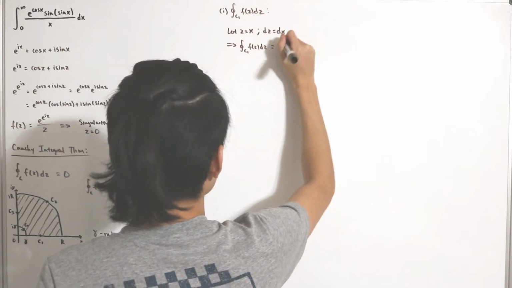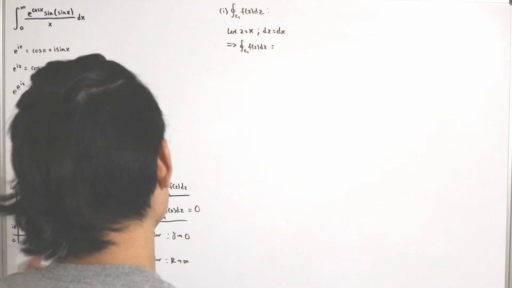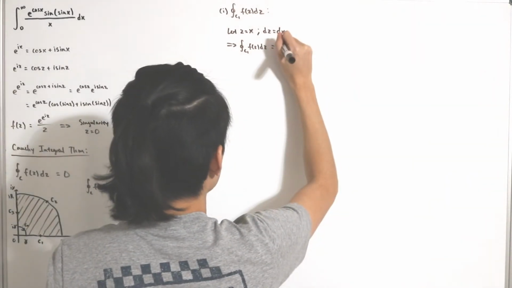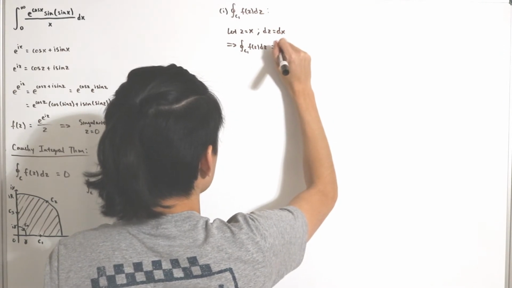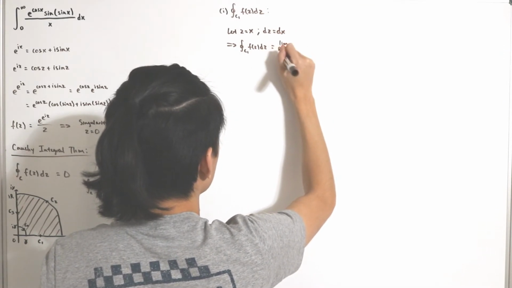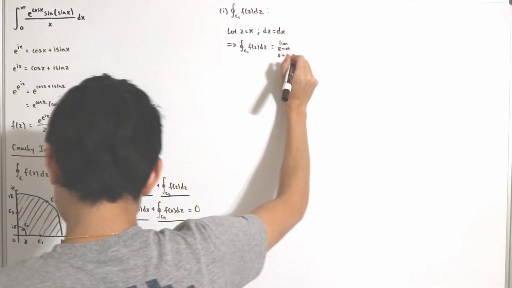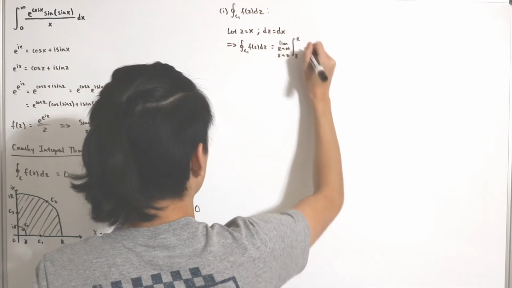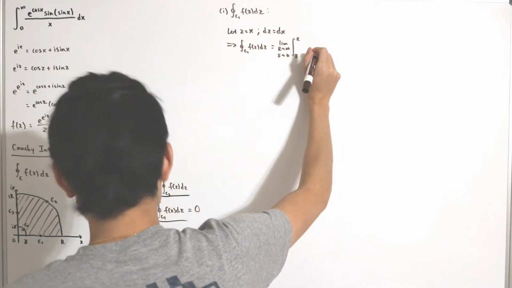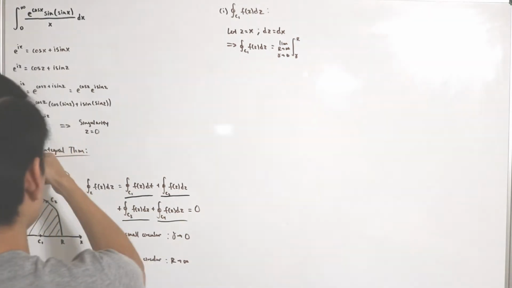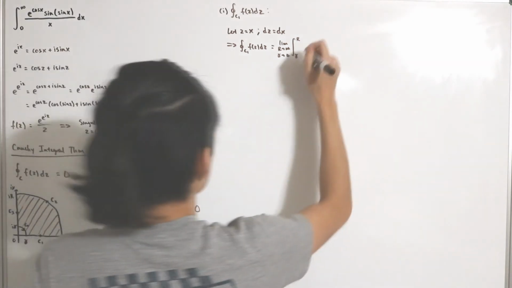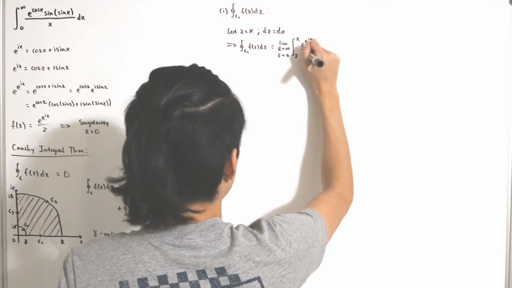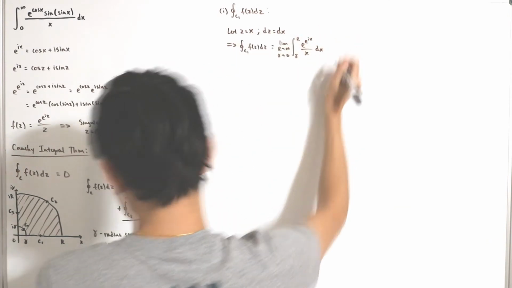So then we can write the contour integral over C1 of f of z dz as equal to, we're taking limits because we have gamma and R, and we established that R is approaching infinity and gamma is approaching 0. So the limit as R approaches infinity and gamma approaches 0 of the integral from lowercase gamma to R of, plugging z in terms of x, e to the power ix divided by x, and dz is just dx.